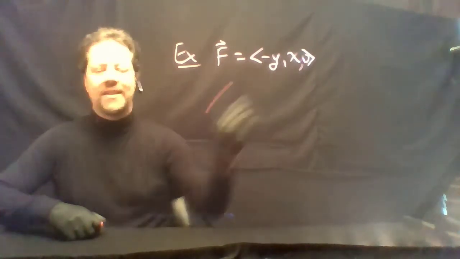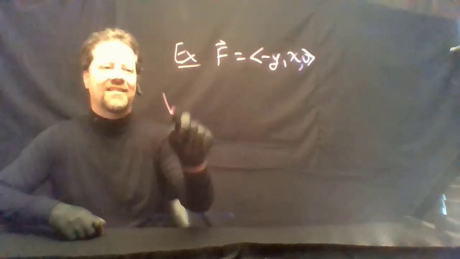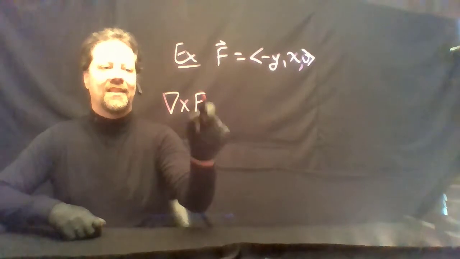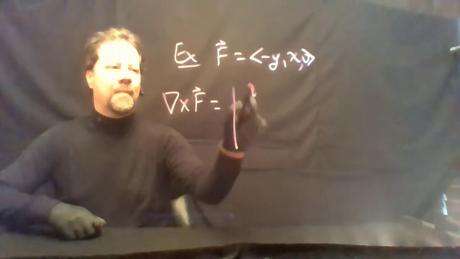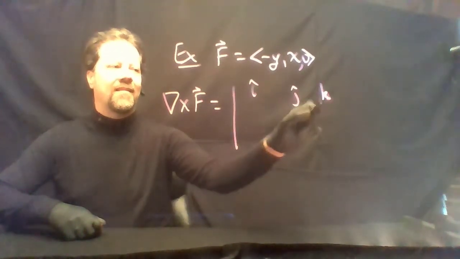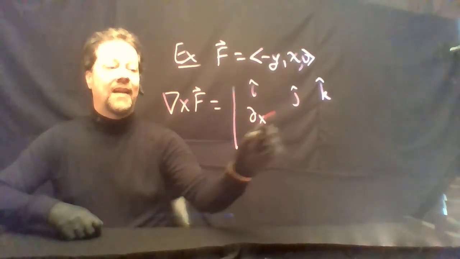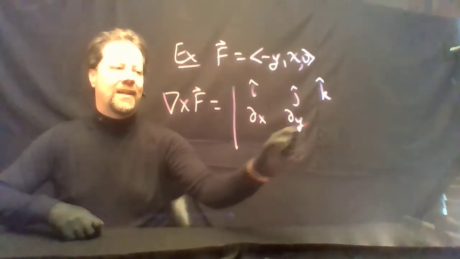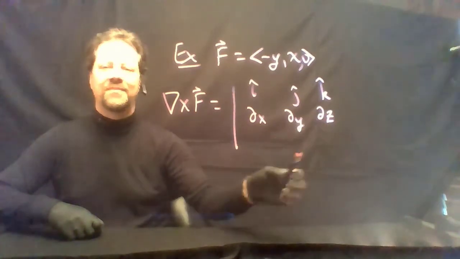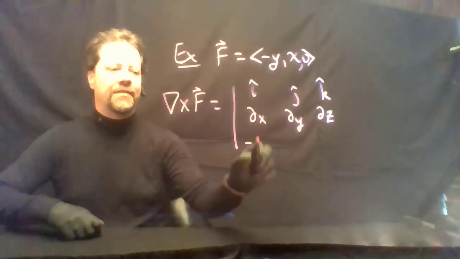And we'll squeeze a 0 in there as the last coordinate. Let's calculate its curl. i, j, k are always on the first row of the curl, and always dx, dy, dz on the second row, and then the coordinates of the vector field on the third row.